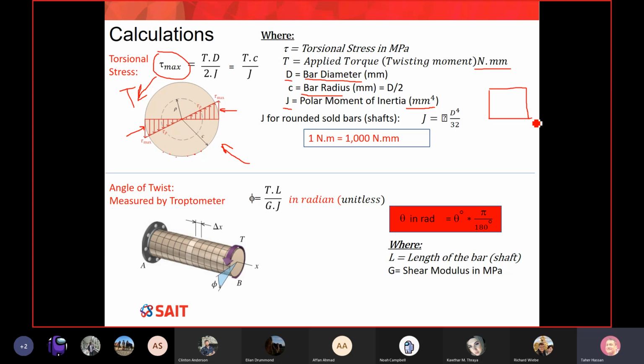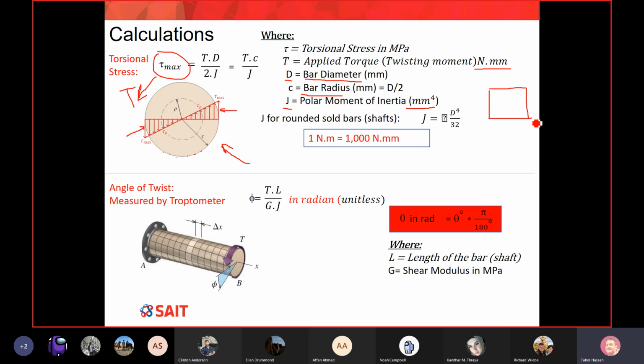They have nothing to do with the material. It is the same whether this section is wood or concrete or steel. It has to do with the shape and the size of the member. So one of those properties, on a very high level, I'm not going into details, is J, called the polar moment of inertia.